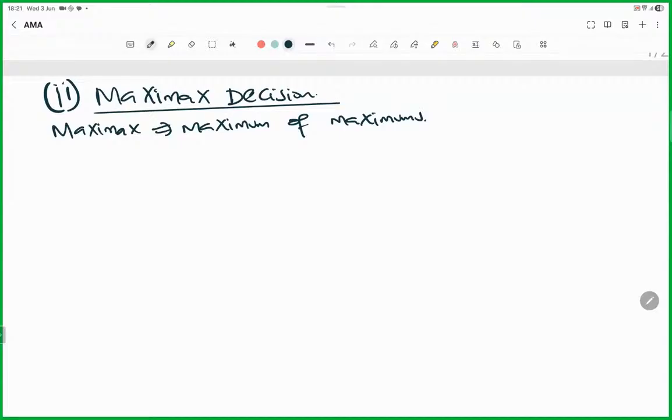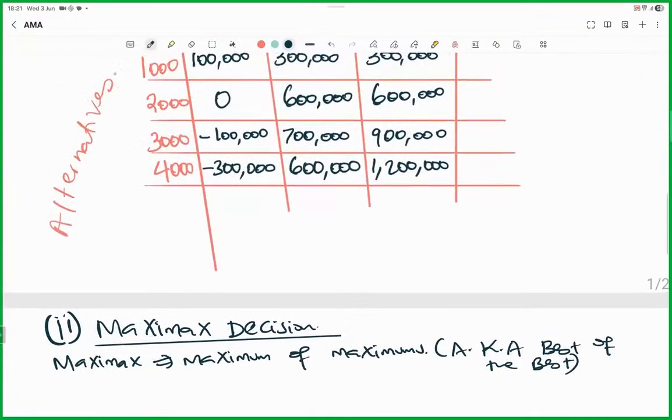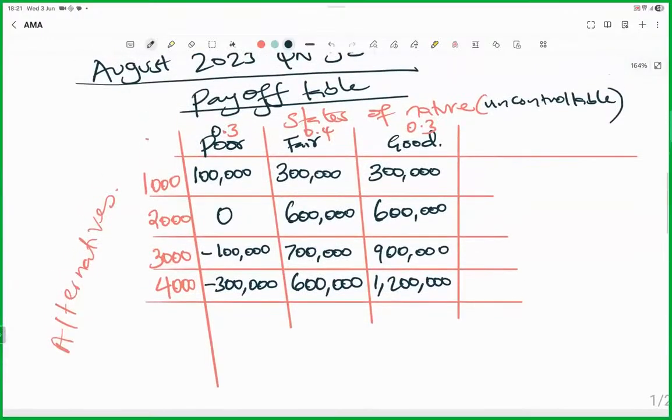It is also known as best of the best. So then what you're supposed to do, ladies and gentlemen, is come here and create a column of what here, somebody?